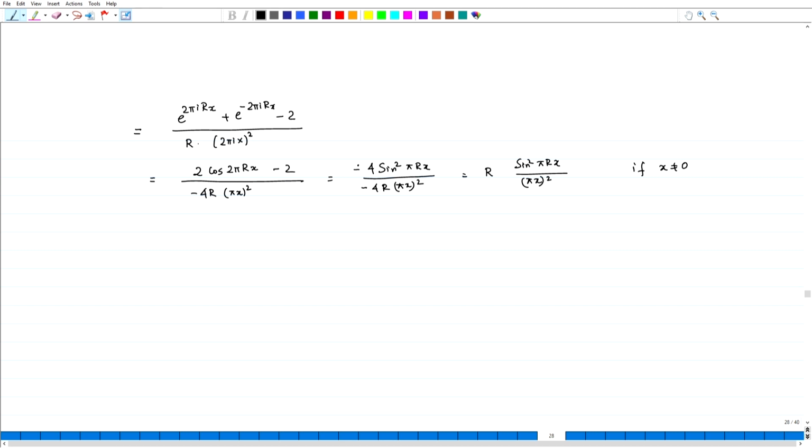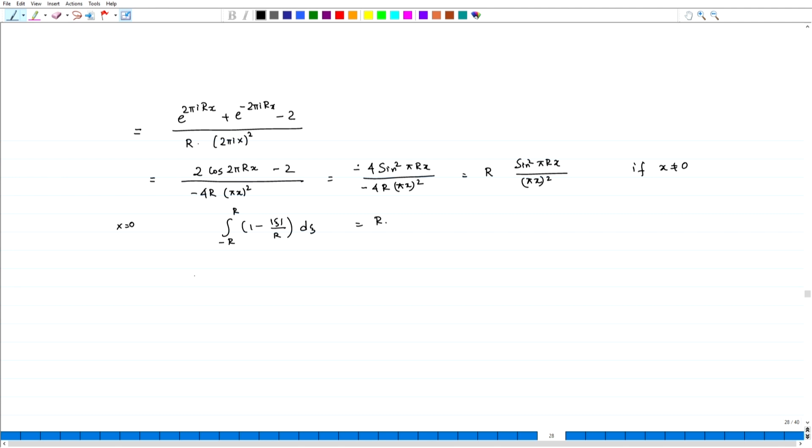Now, if x is equal to 0, then you are left with the integral from minus r to r of 1 minus |xi|/r d xi, and this obviously you will get r.